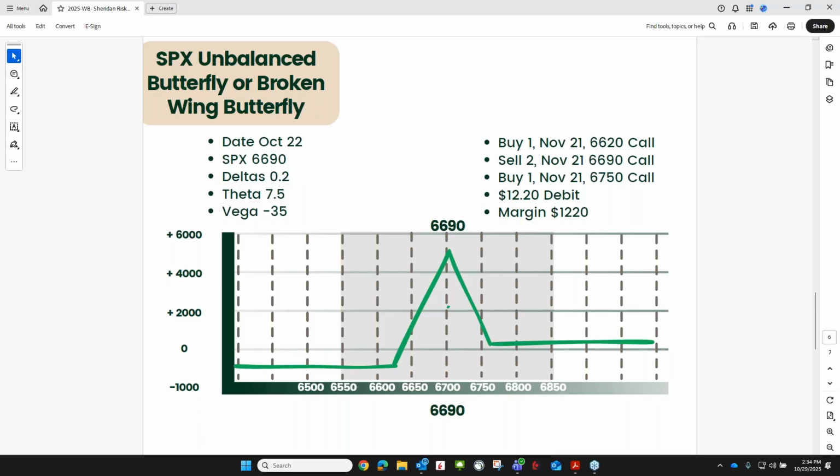I'll buy the 66.20 put below the market, and sell the 66.90 put. That's a put credit spread, 70 wide. On the upside, I'll sell the 66.90 call and buy the 67.50 call, right? So an iron butterfly is the same graph as the call broken wing butterfly and the same graph as the puts.